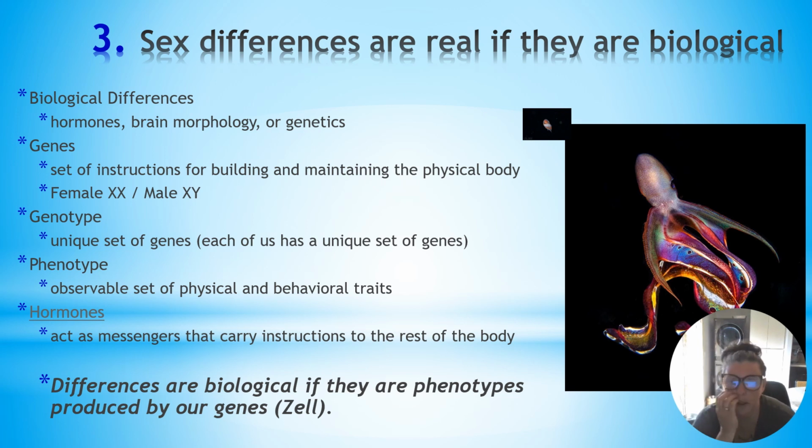So she's huge, and he's absolutely tiny. And that is a very good expression of how your genes can give you a real difference, right? Being male bodied or female bodied.